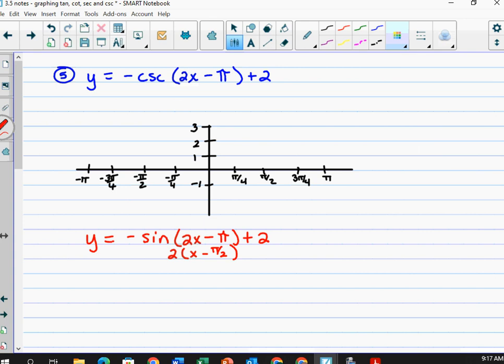So I'll give you a minute to graph the sine function, and then I'll put it up here. Yep, do the whole thing. Pretend that I've only asked you to do the sine graph.